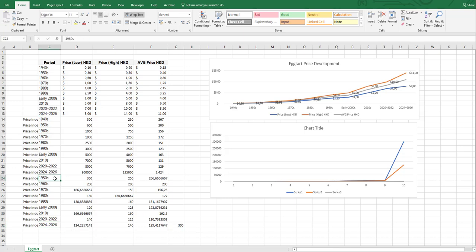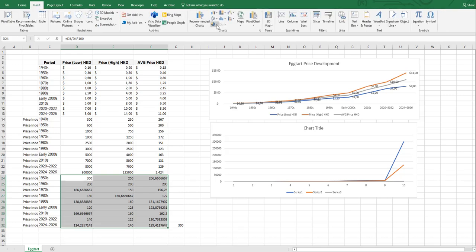That was the hugest increase in the history of the egg tart. The rest is also not insignificant, but not comparable to the 3 times more expensive egg tart price. I can make a diagram out of this as well.